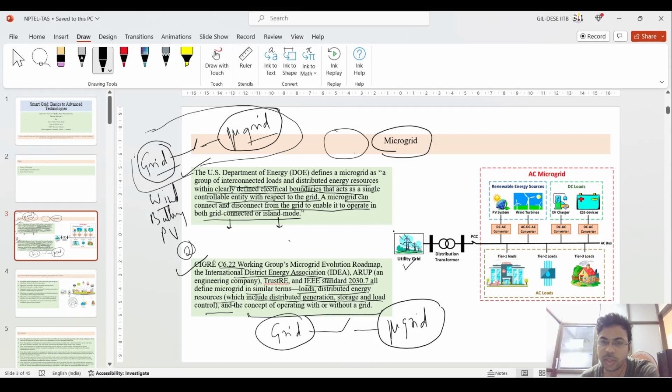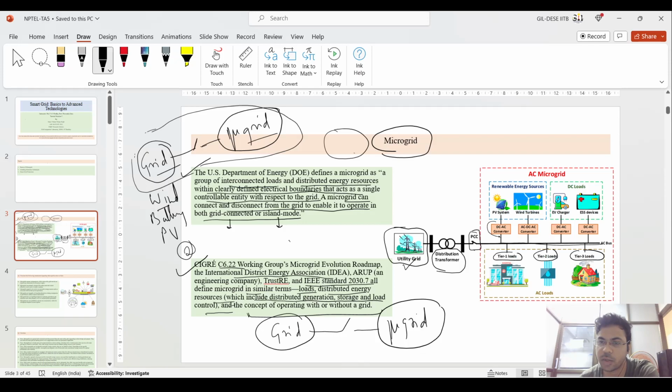On the right side, I have given one image where you can see the utility grid, which we have conventionally, connected to one distribution transformer. Then it is connected to this AC microgrid through the PCC. PCC is the point of common coupling, which connects or disconnects this microgrid. As you can see at this AC bus bar, certain loads are connected, that is tier 1 loads, tier 2 loads, and tier 3 loads, based on energy consumption.